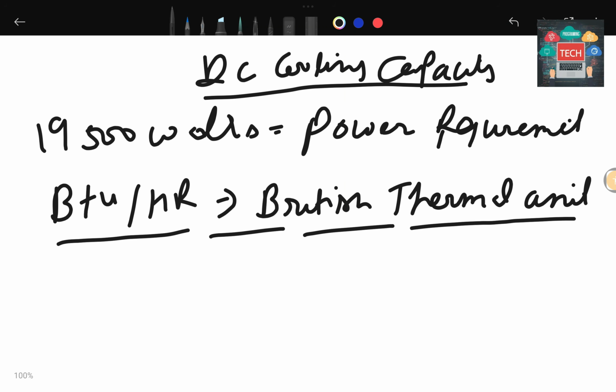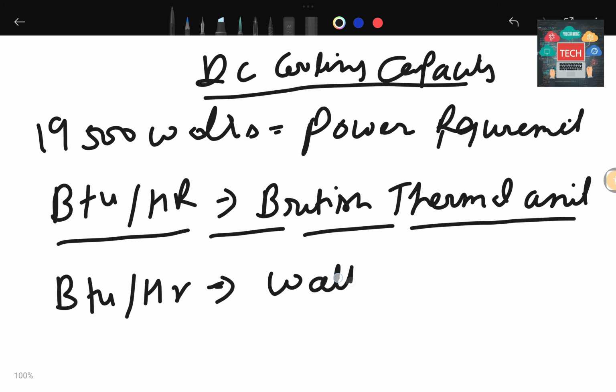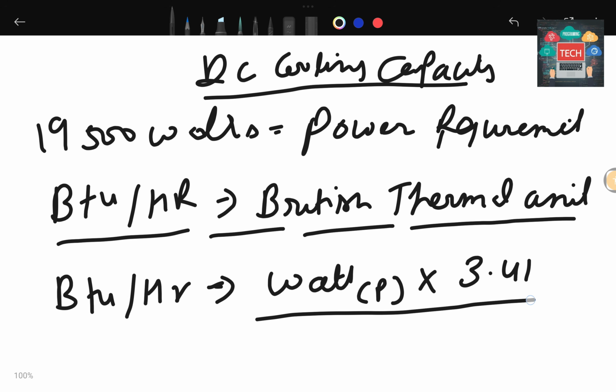So its formula is BTU/HR, where HR means hour. The formula is watt, which here means power, into 3.41 divided by 12,000.